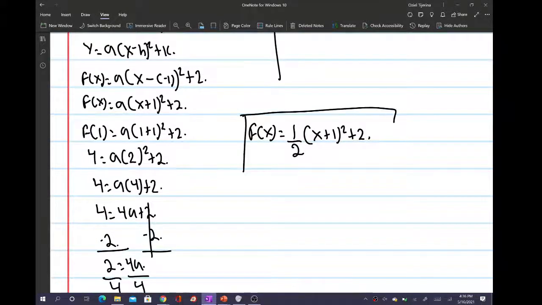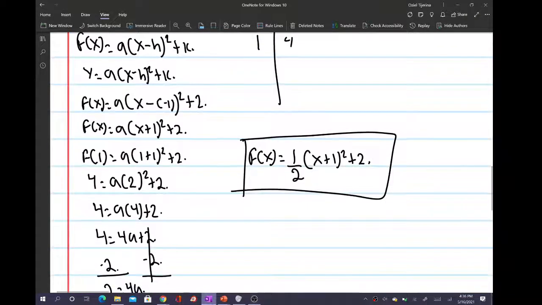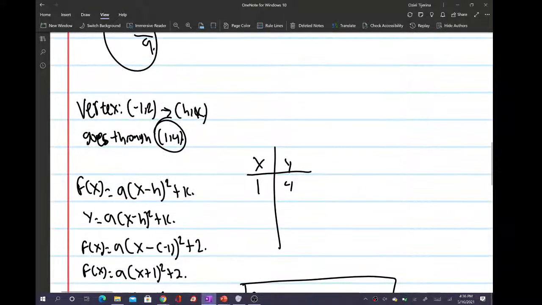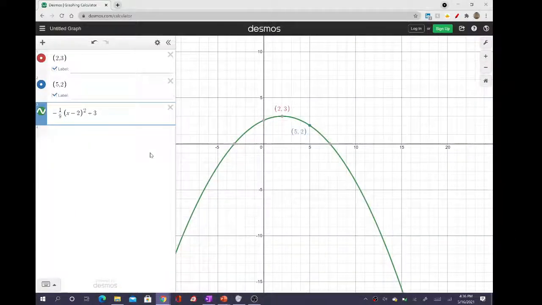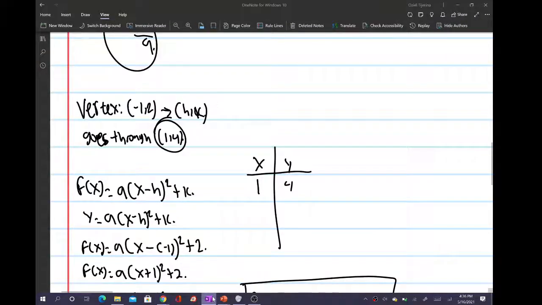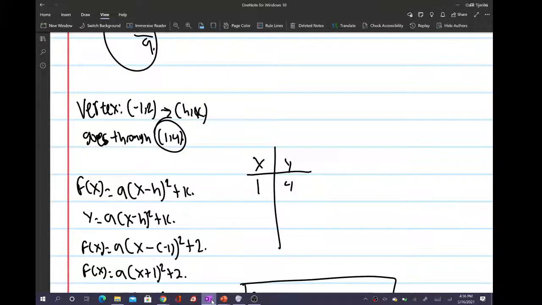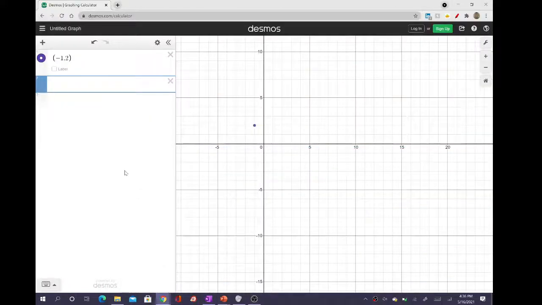And again, we can verify this when we plug in. I think if we go back on Desmos and we say that our vertex is negative 1, 2, right? And then our point, it goes through 1, 4, right?